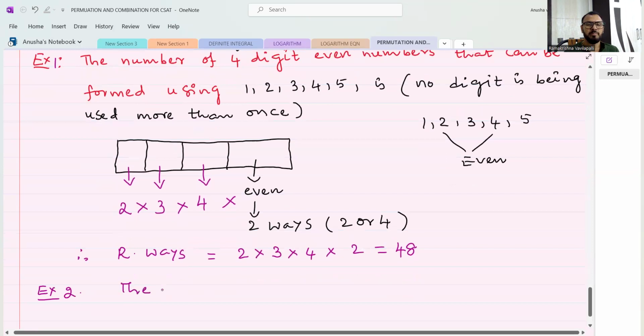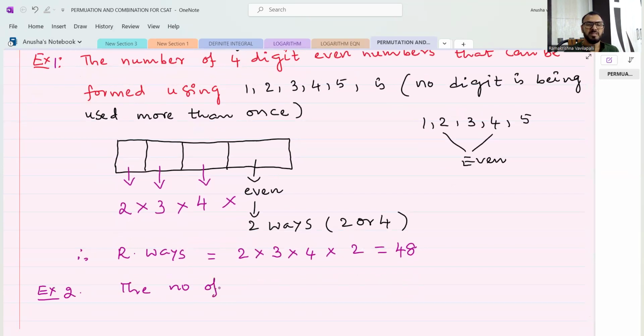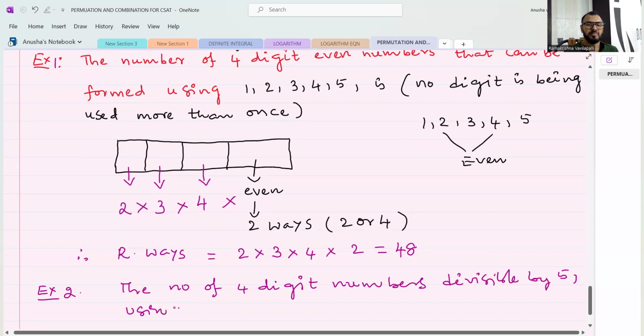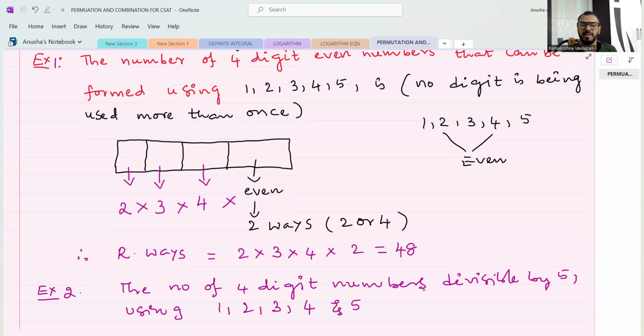The number of four-digit numbers divisible by 5, using 1, 2, 3, 4, and 5, without repetition of digits.